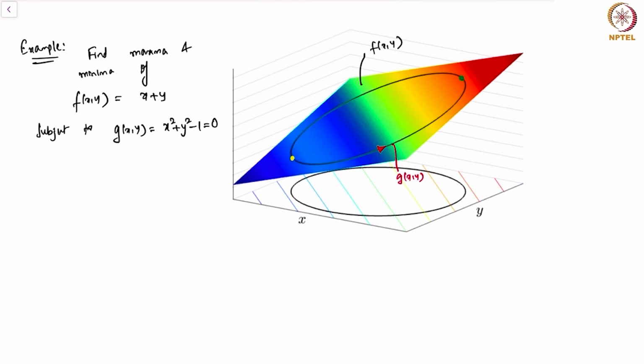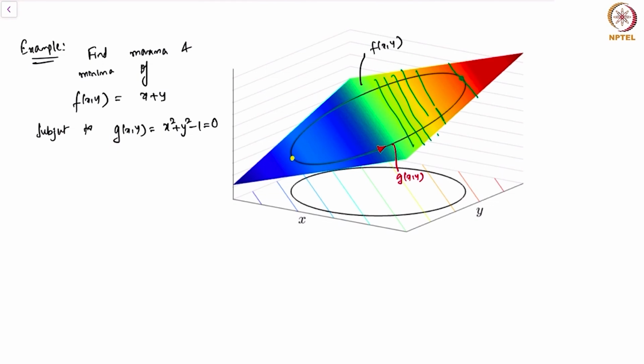If you're at the maxima, note that the contours of f are just this. These are the contours of f, right? Now there is a special contour, which is exactly what I'm just drawing now. This special contour essentially becomes tangent to the constraint g as well, right?